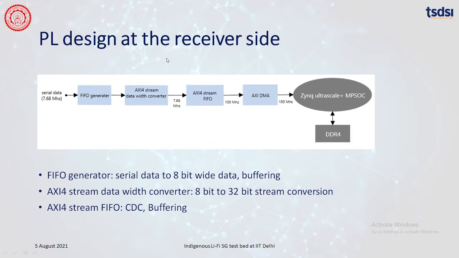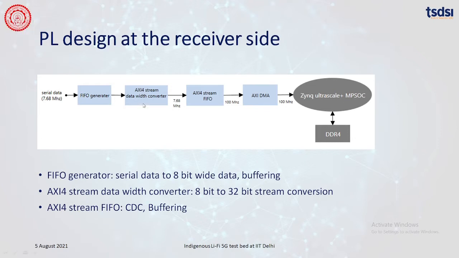PL design at the receiver side. Serial data is received at 7.68 MHz at the receiver and we are giving it to the FIFO generator. This will convert this 1-bit serial data into 8-bit wide data. Then it is given to the AXI4 stream data width converter.